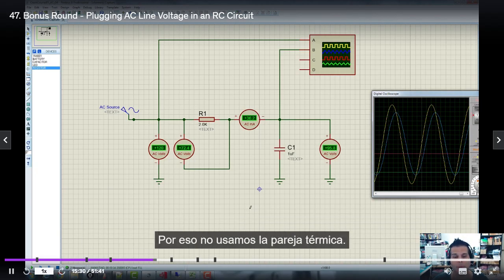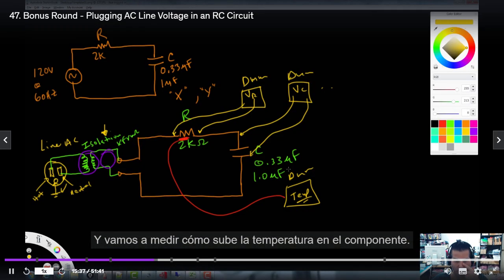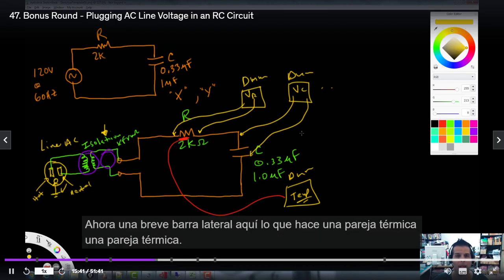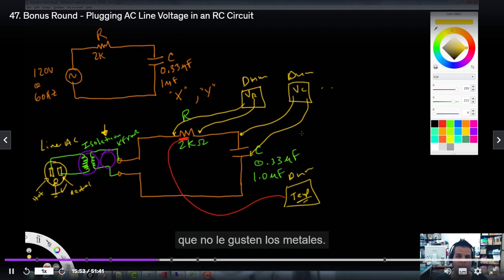All right, so that's why we're going to use the thermocouple, and we're going to measure how the temperature goes up on the component. Now, a brief sidebar here. What is a thermocouple? A thermocouple is a device that you plug into your multimeter that allows you to measure temperature. All a thermocouple is, is 2 dissimilar metals.